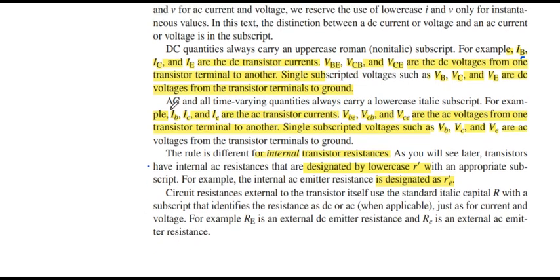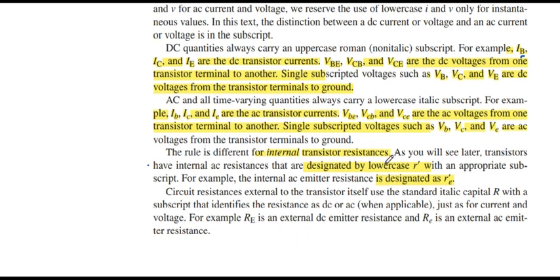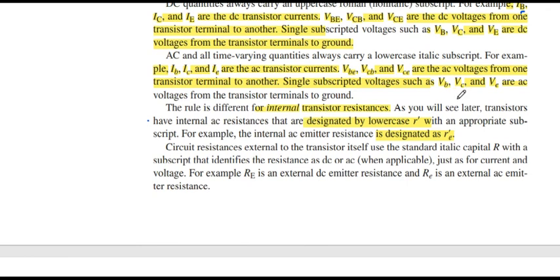When we use AC quantities, or supply an AC supply to the transistor, we use lowercase subscripts, small letters, for both current and voltage. The internal resistance of the transistor is r prime, and the emitter resistance is re prime.